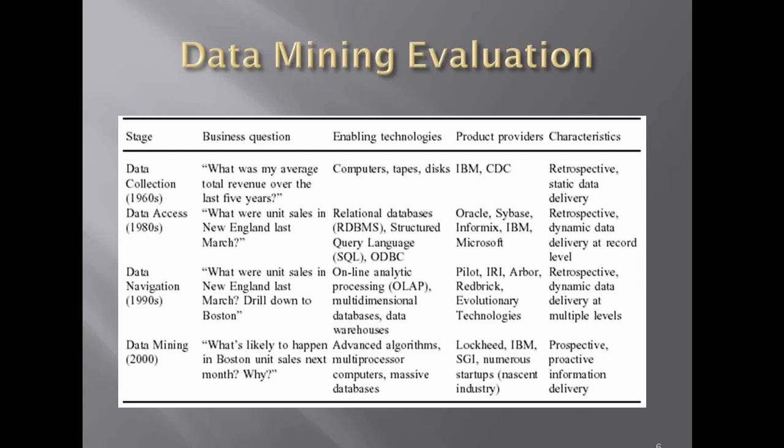Then in the 90s, we moved up to data navigation. Here, data mining could answer: what were unit sales in New England last March, and then let's drill down to Boston. So we're categorizing all the data by unit volume, geography, and time period, but we're able to drill down to a smaller region within the larger region that we're mining.